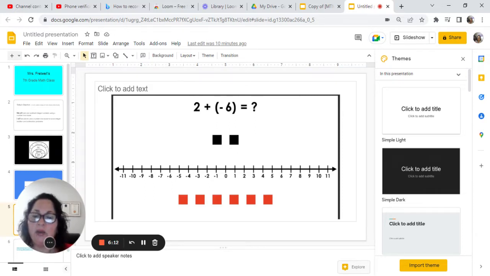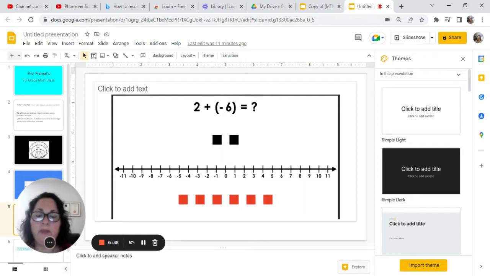We can't add going to our right because then we would get a positive number. So what we have to do is draw our arrow to the left, because truly in mathematic terms, when we add a negative number, and that negative number is larger than our positive number, we are truly subtracting.